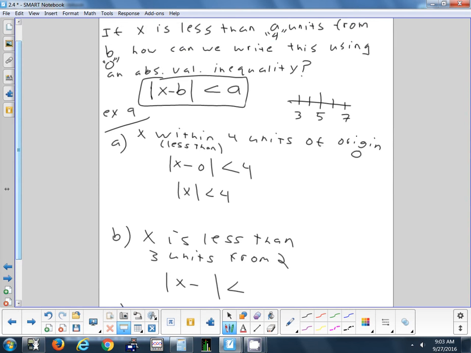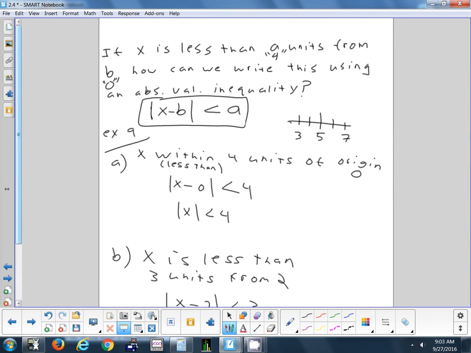Yeah, Molly? Would it be x minus 2 and then less than 3? Yeah, x minus 2 is less than 3. Okay, so the part inside the parenthesis, that's what you're away from. The number on the other side is how far away.